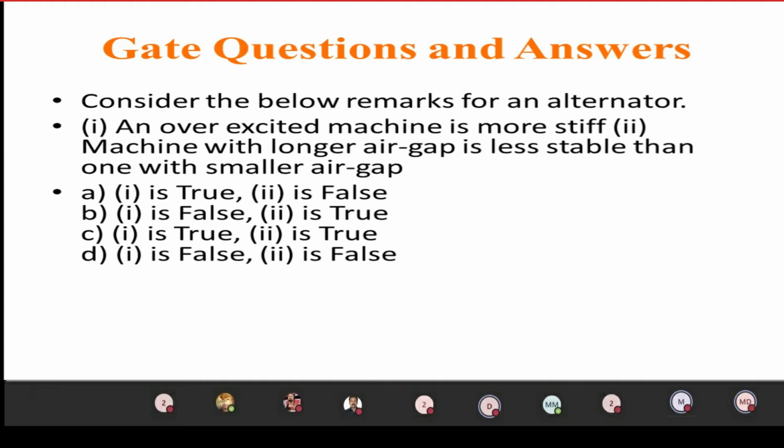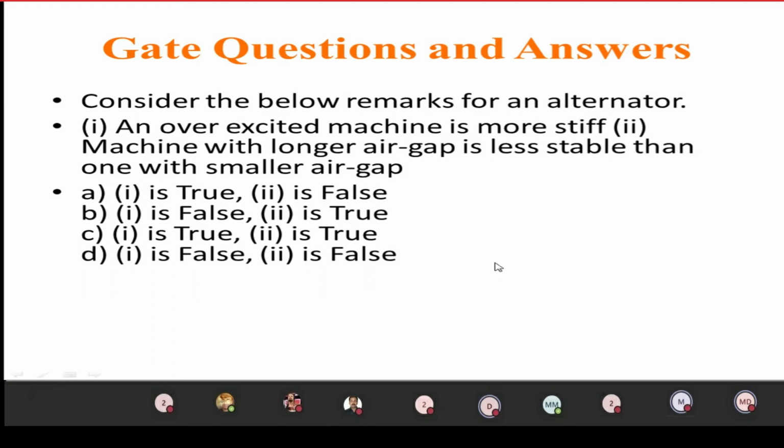Condition number 1: an overexcited machine is more stable. Second thing: a machine with a longer air gap is less stable than one with a small air gap.